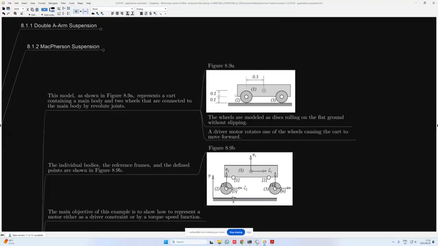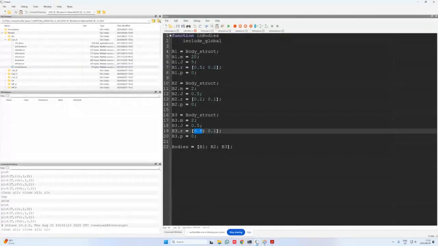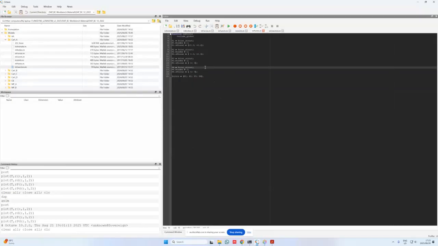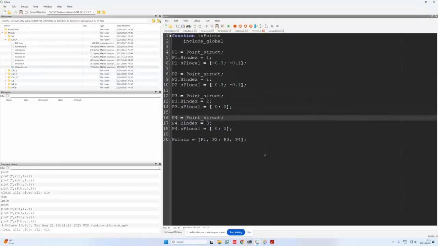If we then look at the x-coordinate of body 3, it will be 0.2 plus 0.3 plus 0.3, which gives us the 0.8 that we see in our script, and then 0.1 for the y-coordinate, since it's in line with the y-coordinate of body 2. Lastly, we just group all of the properties together in the bodies list over here. And once we're happy with that, we can move on to our in points folder.